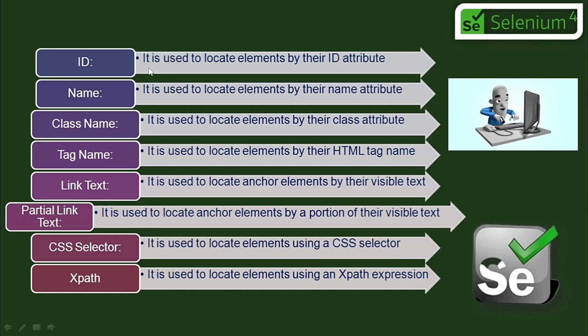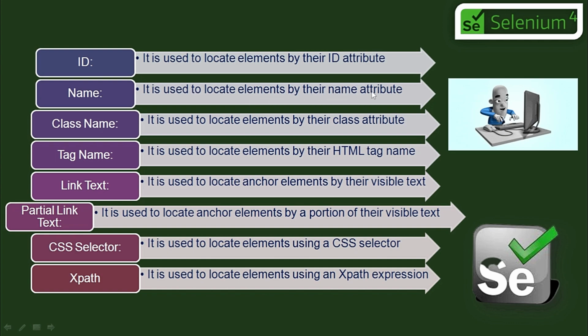Now let's understand one by one which locator is used for what. The ID is used to locate the elements by their ID attributes. So you will understand what the attributes are, and then you can easily identify the ID for the web element. The name is used to locate the elements by their name attributes.